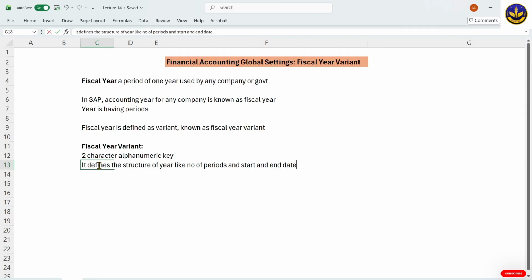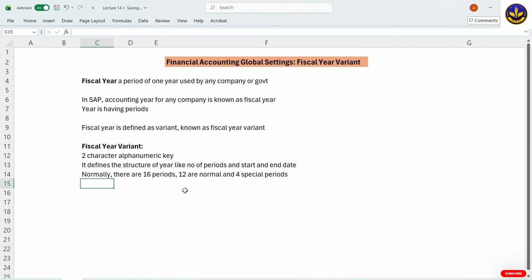Normally there are 16 periods, out of which 12 are normal and 4 are special periods. These periods might vary year to year or as per the requirement of the organization.